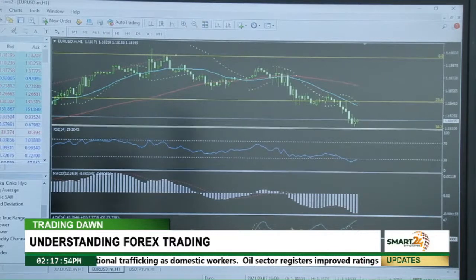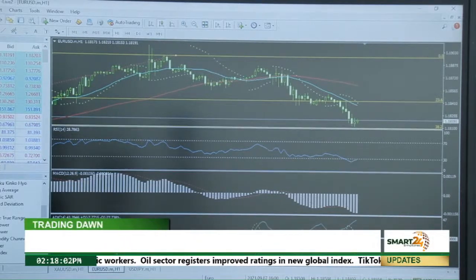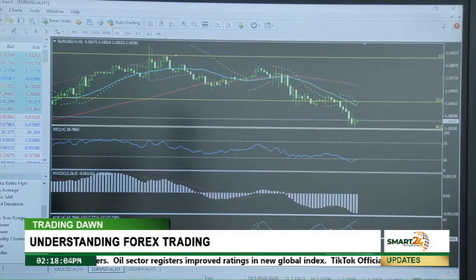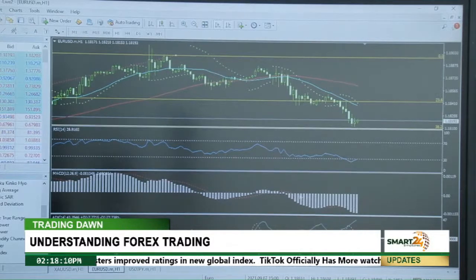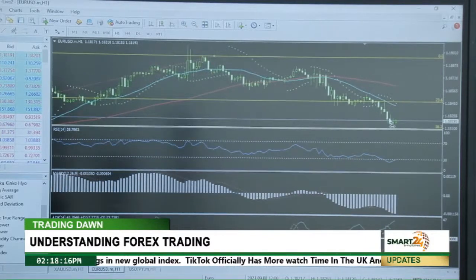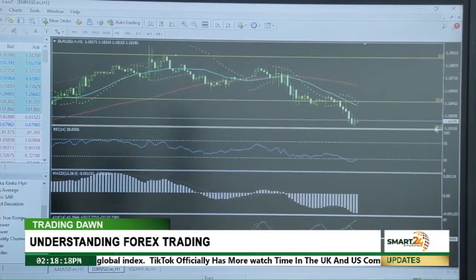And you can see this ADX here, the minus D line is above the plus D, and the power is also above 25. The MACD is very, very well below the zero line. So it is very bearish, and now price has sort of just been resisted at the 38.2. It almost tapped there.